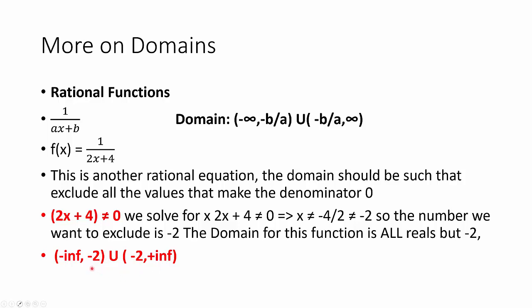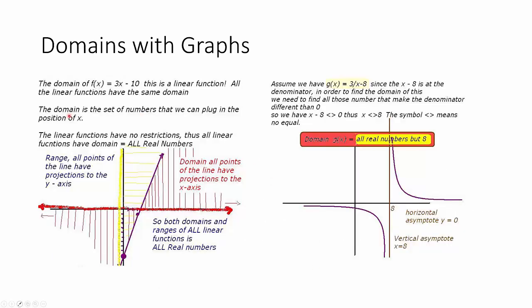Right here we can see the different cases for the domains. It's just an explanation, and we can understand what we should do in order to find our domains looking at the graph.